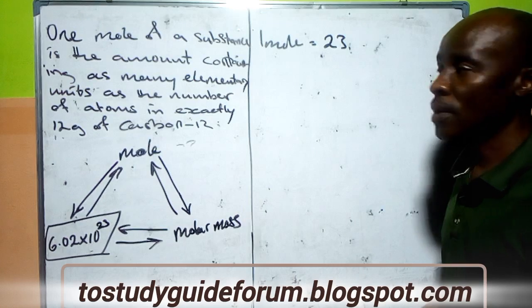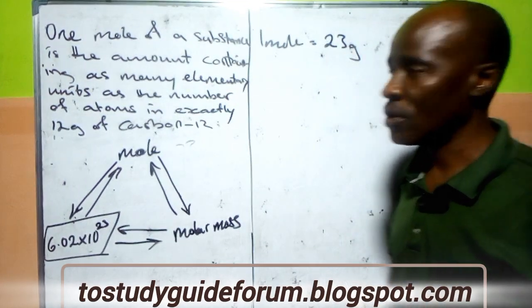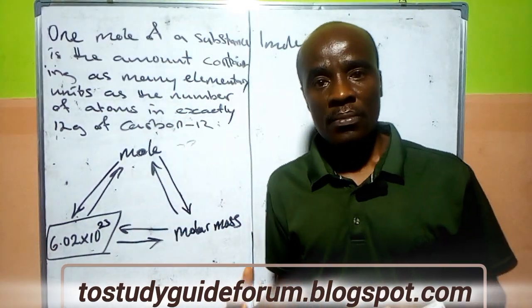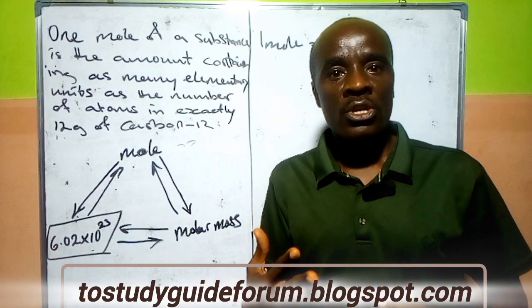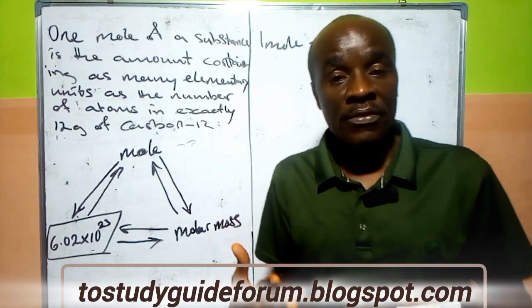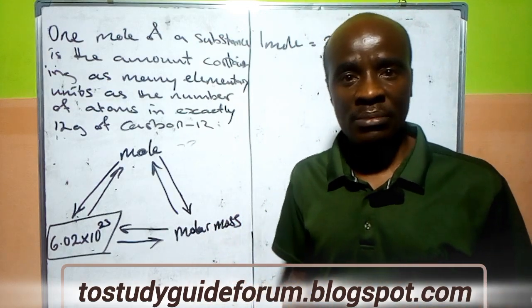23 grams. We're expressing it in grams now because the number of particles contained in a mole is equal to its relative molecular mass or relative atomic mass, as the case may be.